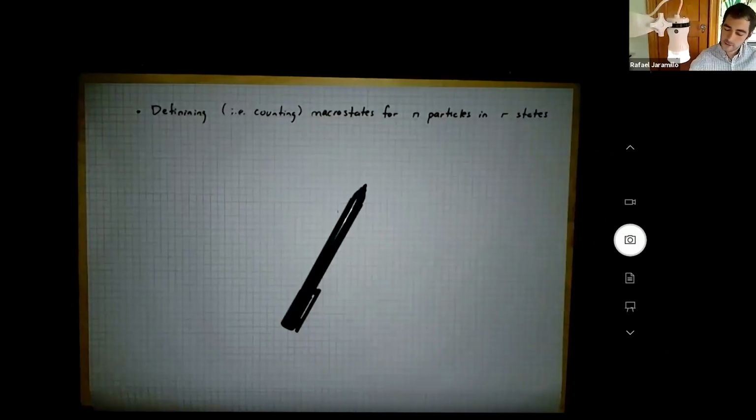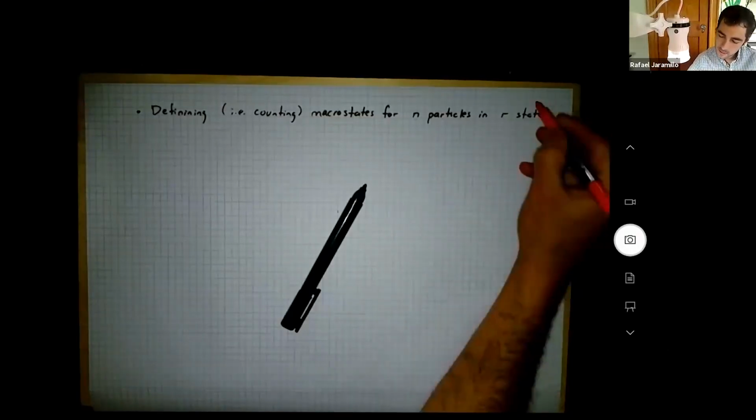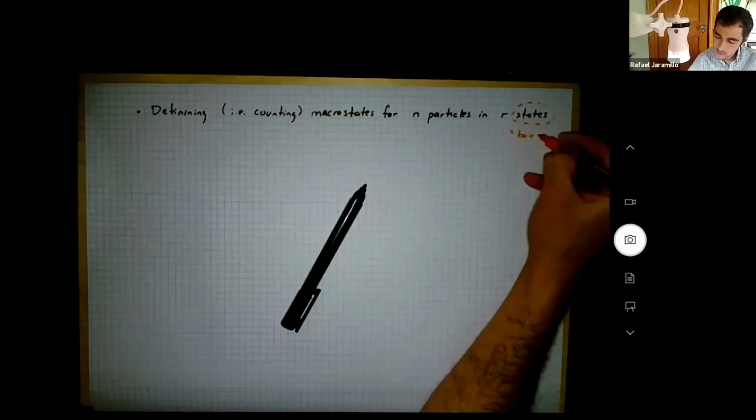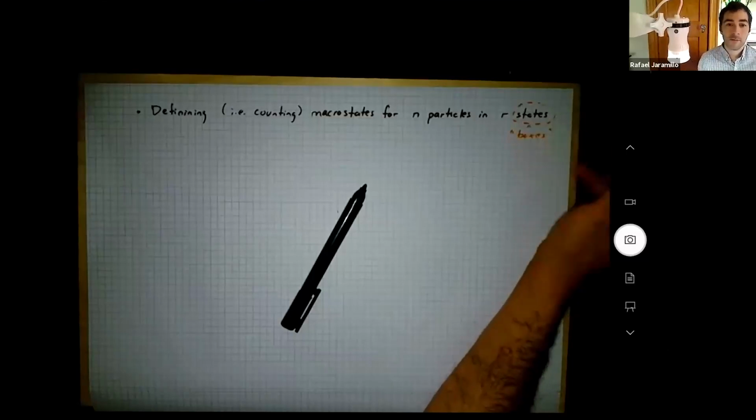And again, you can think of these as boxes, right? Places to put the particles.